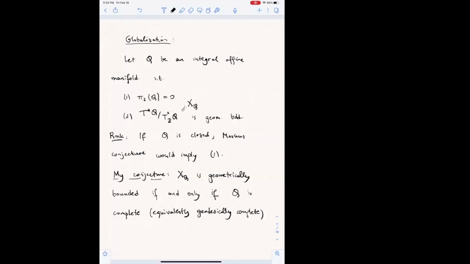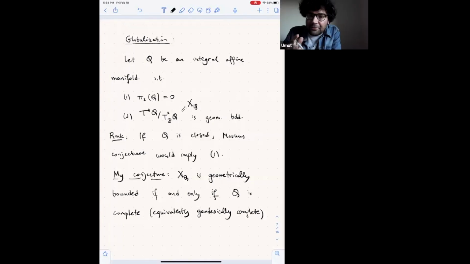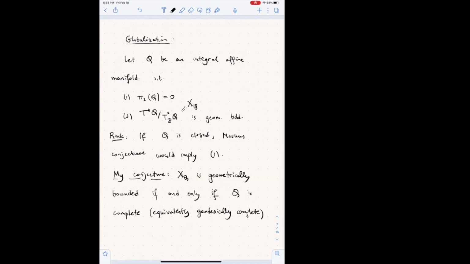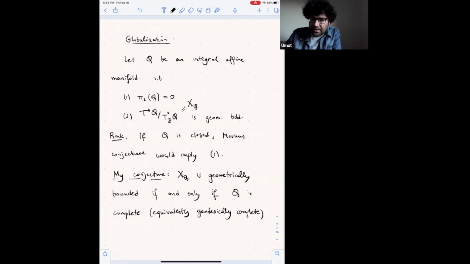Did he ask about non-integral polytopes? I took it to mean non-rational slope polytopes. Can you try to approximate by polytopes with rational slopes? You can try to approximate, but this kind of result is a little bit difficult. I don't think this invariant behaves very well under such approximation.